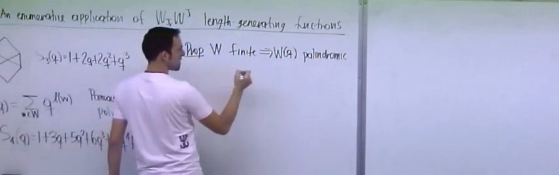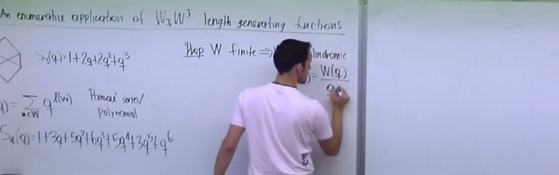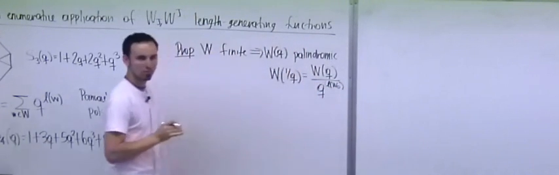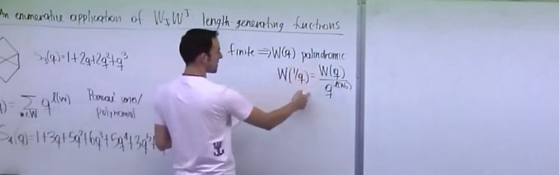Now, let me write this in a fancy way by saying, if I plug in 1 over Q, I get this. So you should think about why if I plug in 1 over Q, basically what I'm doing is just reversing this polynomial. So saying that it's palindromic is equivalent to saying this thing.